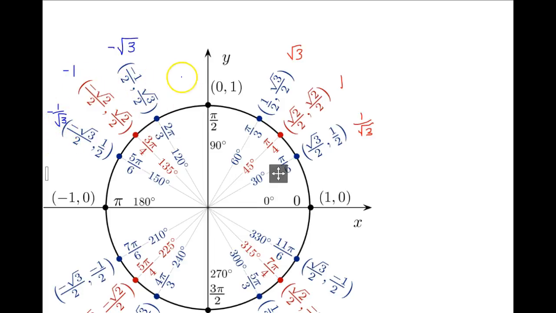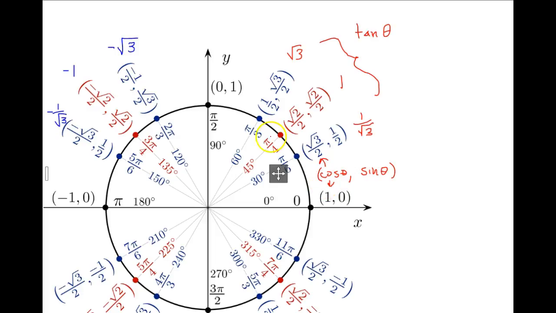So there's a pattern with the sines and cosines. That makes for a pattern with the tangents. All these on the outside here are the tangents of the angles. These first values are the cosines of the angles, and these second values are the sines of the angles.